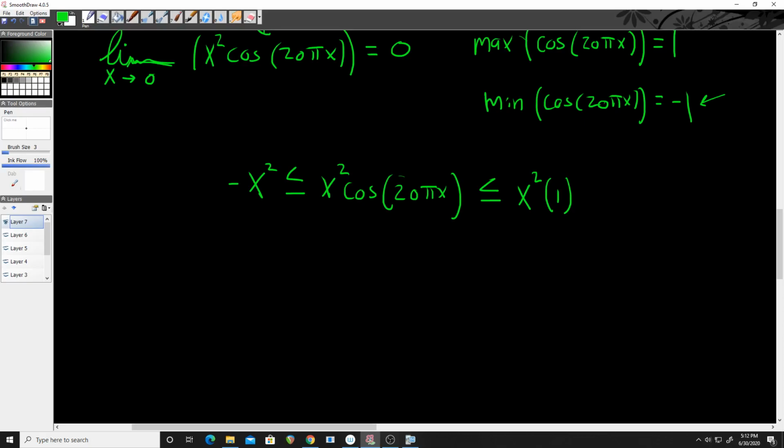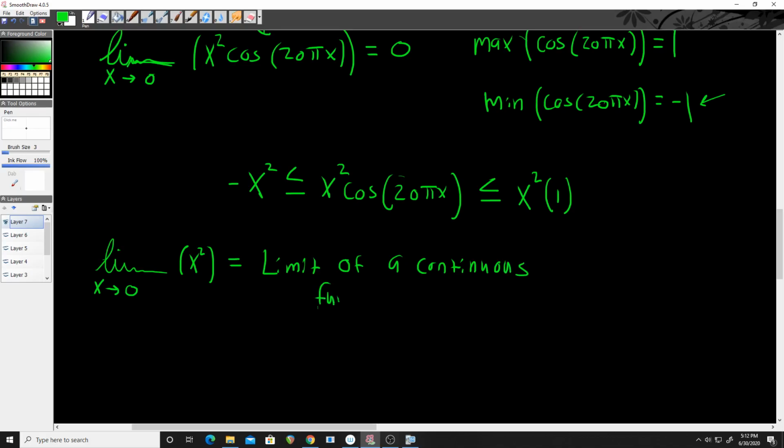Now, this is useful because we know the following. We know the limit as x approaches 0 of the function x squared. Now check this out. X squared is a continuous function.